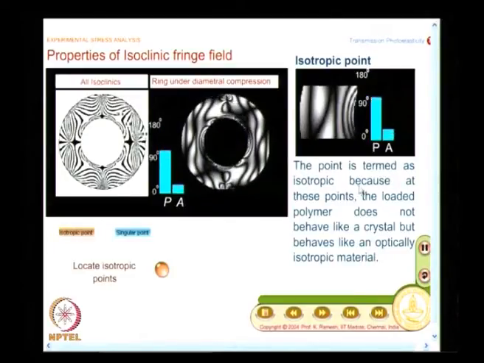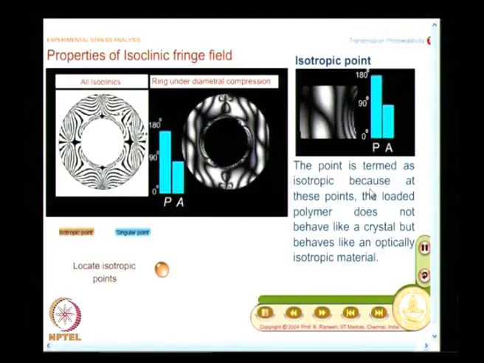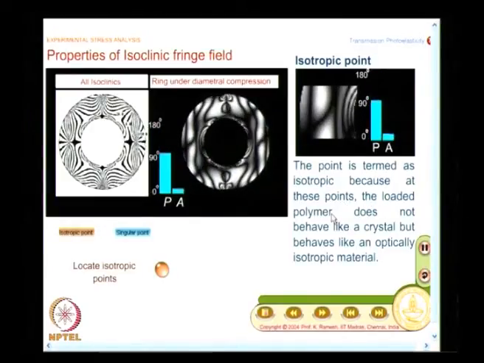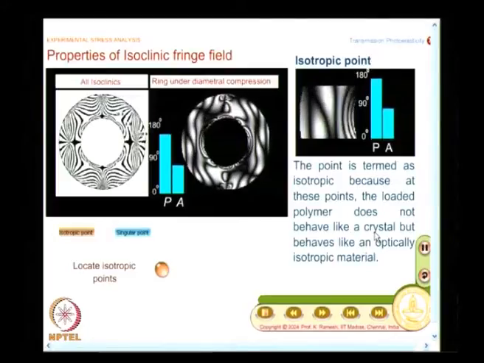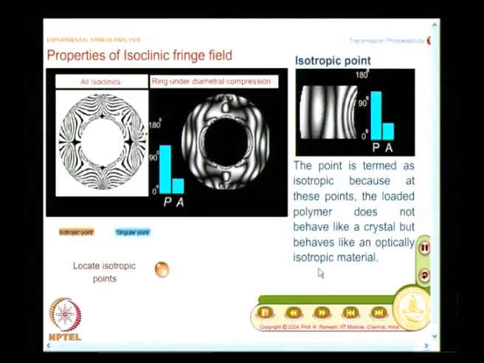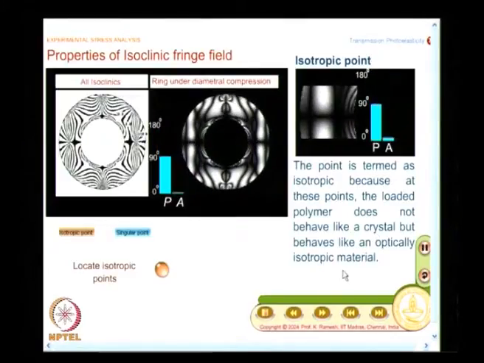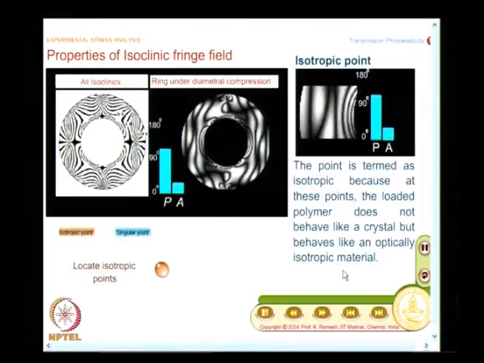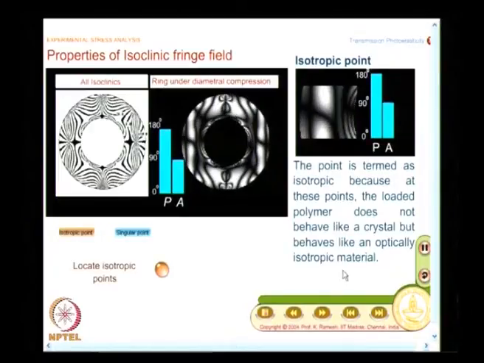It is termed isotropic because at these points the loaded polymer does not behave like a crystal, but behaves like an optically isotropic material. Every axis is a principal stress direction. Even when you do the principal stress direction evaluation, you can have a situation where every direction is a principal stress direction, that is what is happening at an isotropic point.